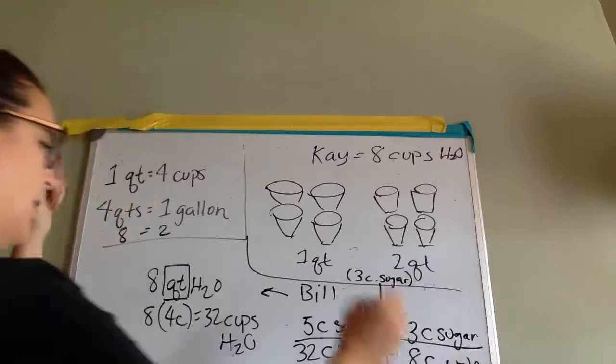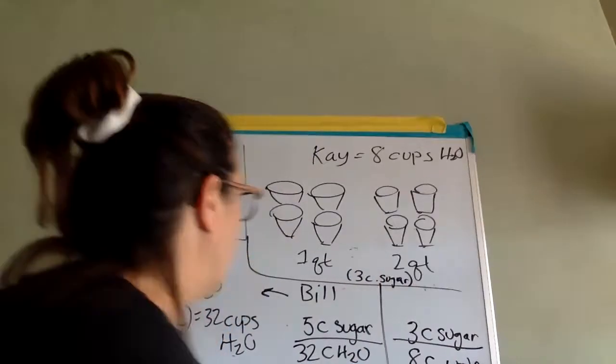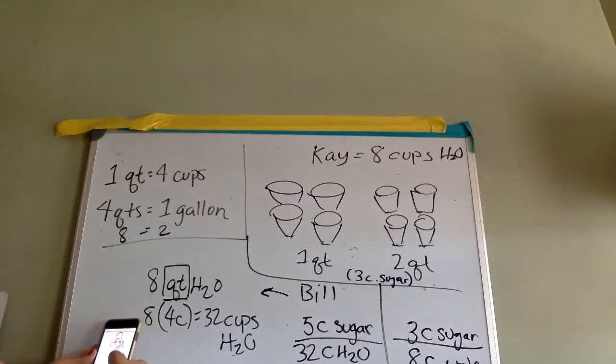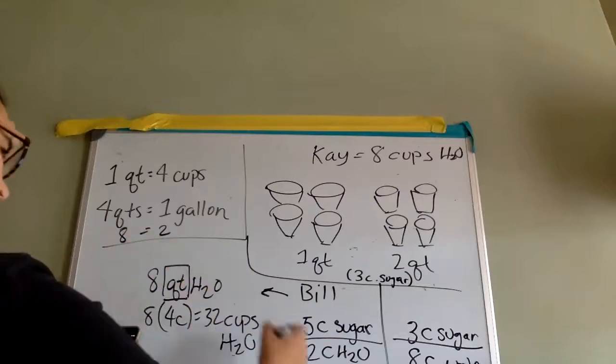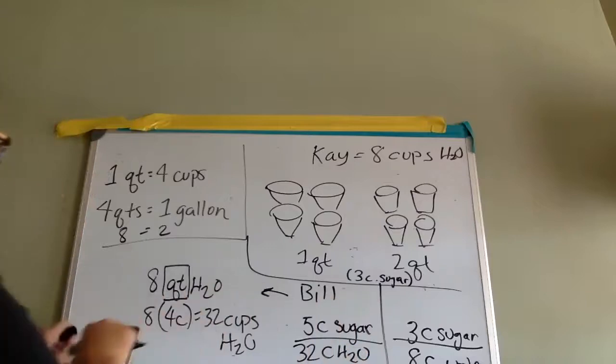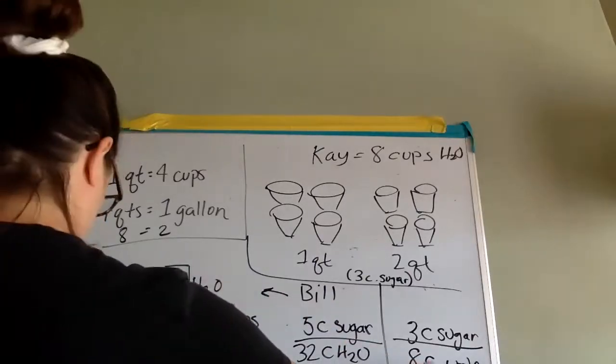So if you use your calculator and find out those numbers, I don't want to speak too soon, but I think maybe Kay's is sweeter. Let's see. 5 divided by 32 is 0.156, and Kay's is 3 divided by 8, which is 0.375.